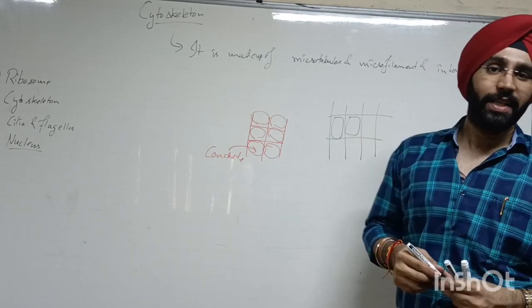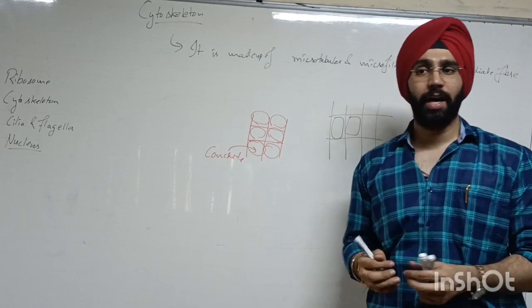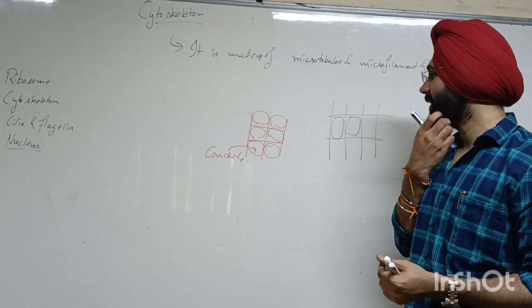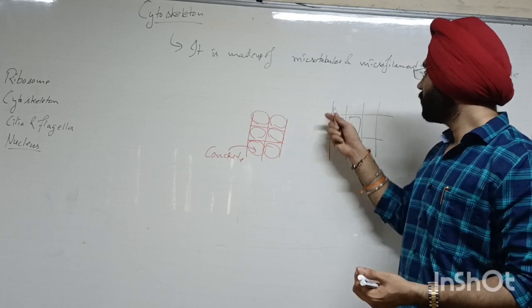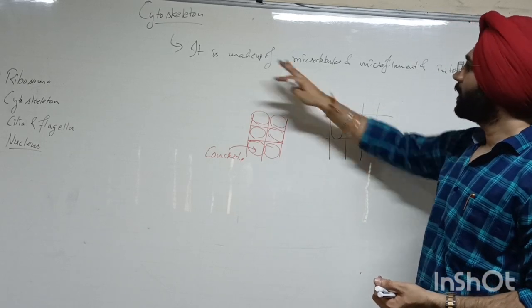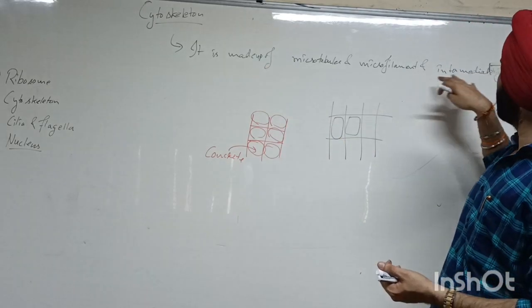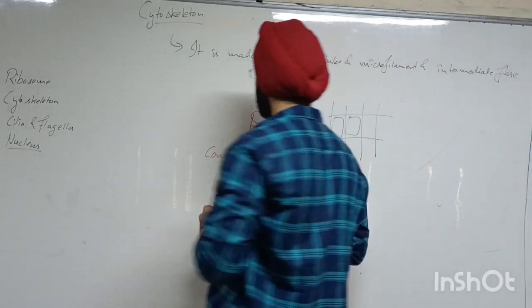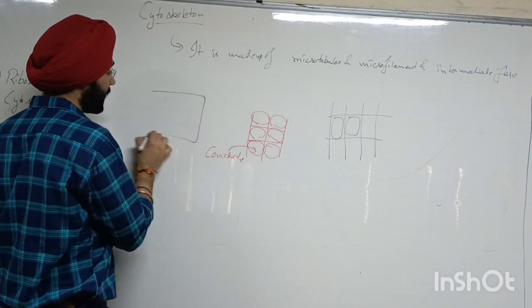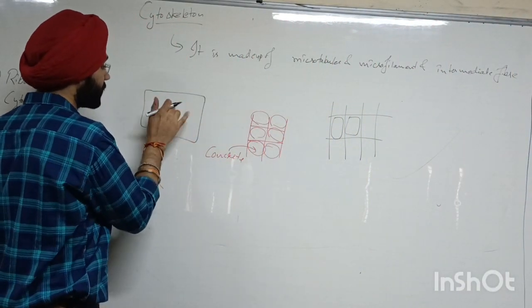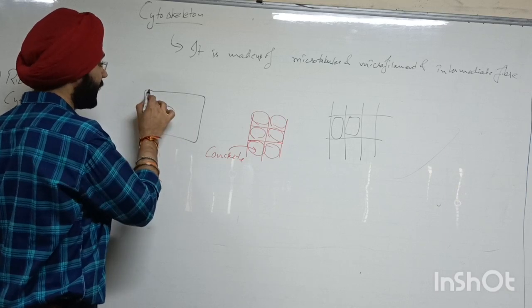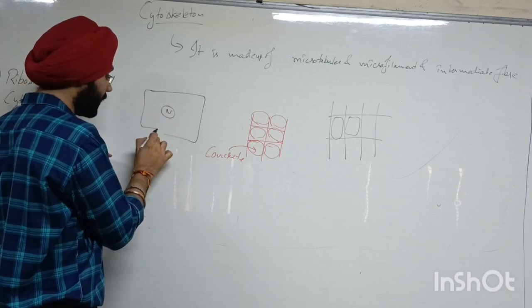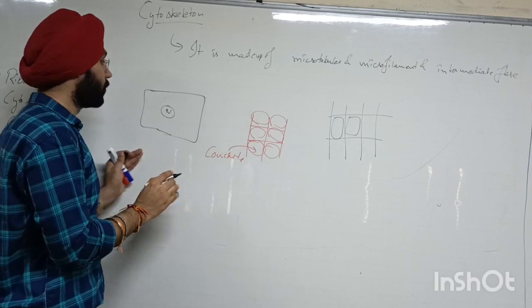If we say that concrete and bricks are the cementing material, then these beams and pillars are microtubules, microfilaments and intermediate fibers. If it is a cell, it is maintaining its structure like this, and this is the nucleus, and it needs to maintain its shape also.